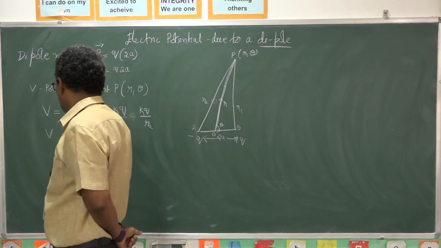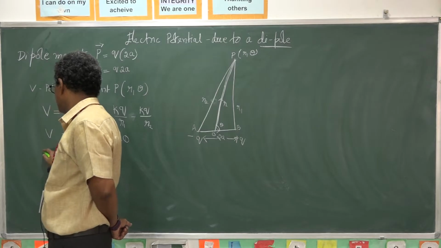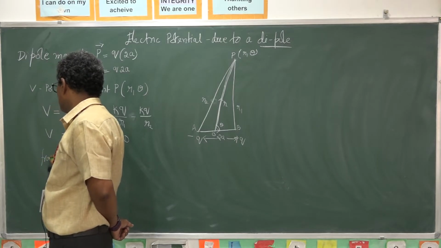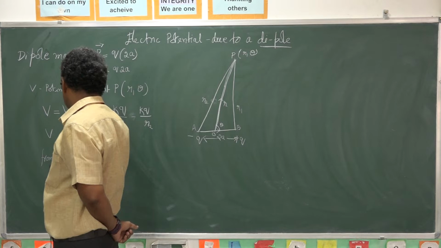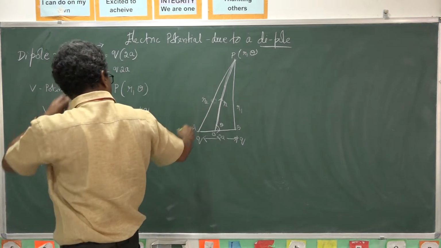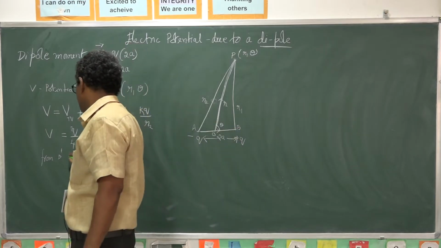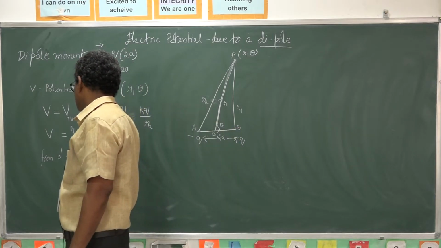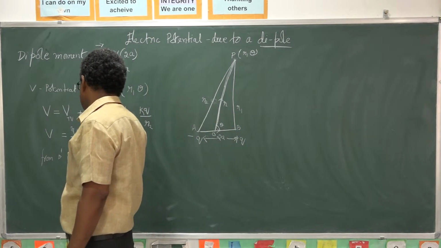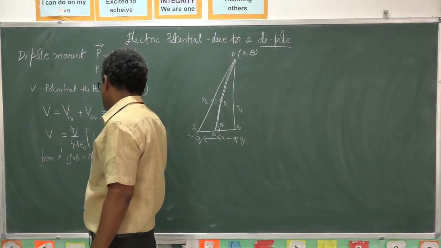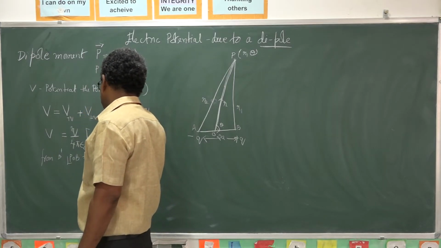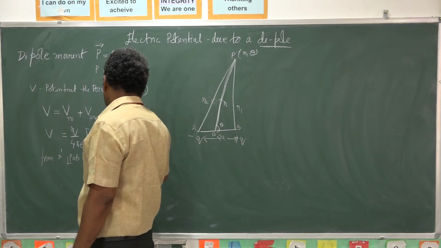To get r1 and r2, apply the cosine rule.